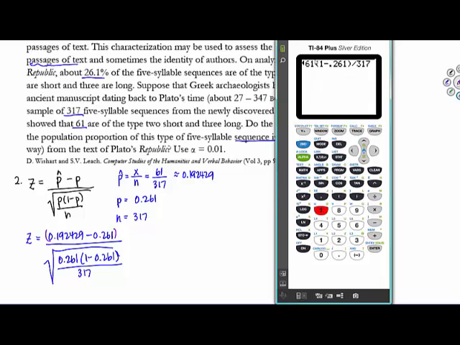Notice how in this calculator the square root goes all the way over all this stuff, and we want to make sure that even the 317 is under the radical. If you arrow over and then type again, you'll see that the radical sign is gone. It's not above the 317. That did not get included, and that's not what we want.